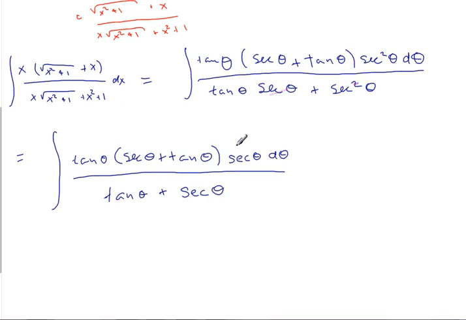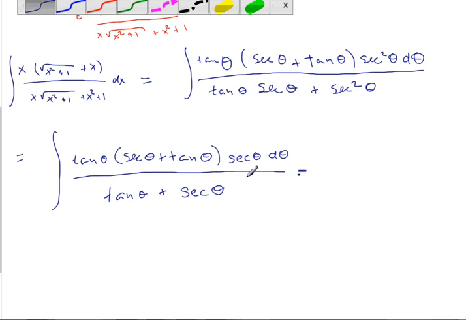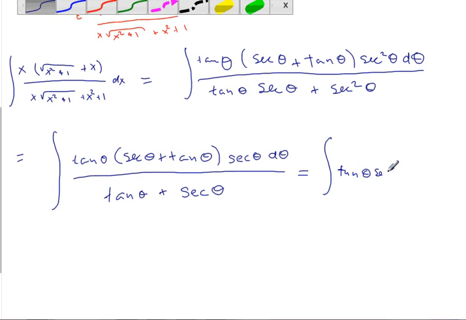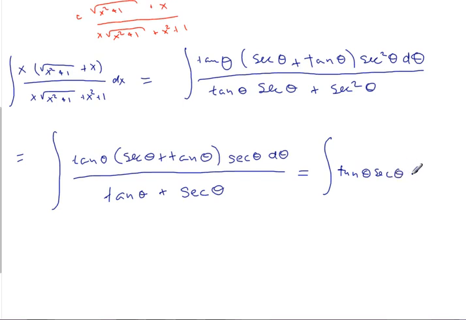Look at that. That's going to be, let me bring it over here to the non-disappearing ink. That's going to be tangent theta secant theta d theta. And we know what the integral of tangent theta secant theta is, right? That is just secant theta plus c.